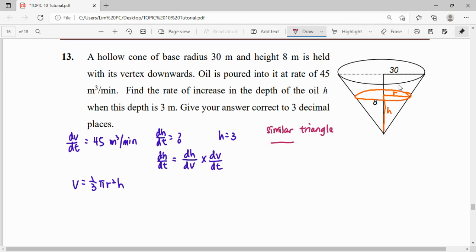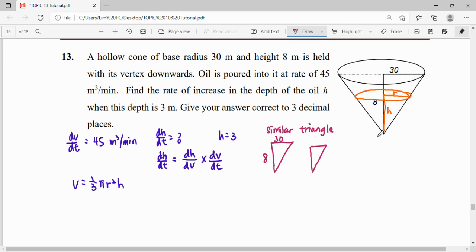From this tank, we have this triangle, which is similar to the triangle inside for this oil. For the tank, the radius is 30 and the height is 8. Meanwhile, the triangles are similar because they have the same angle.